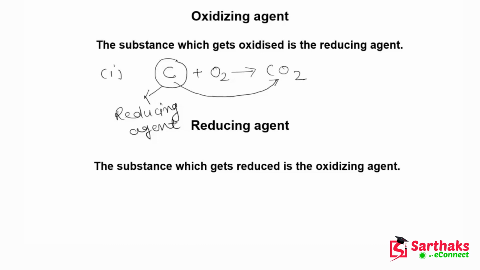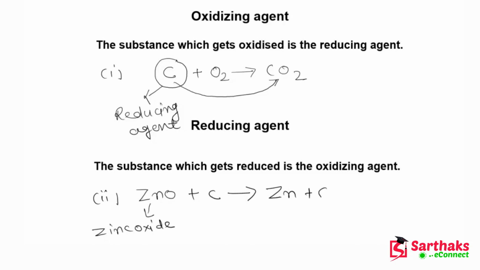Now, guys, let me give you another example. Let me write here another reaction. Let's suppose this is zinc oxide. If this zinc oxide reacts with carbon, it will become zinc plus CO, which is carbon monoxide.